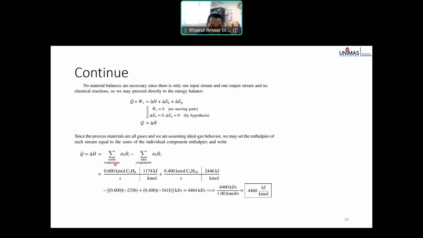For the molar flow rate, that one is from the question, based on 1 kilomole per second, or they call it the basis of reference. Then we calculate and get 4460 kilojoule per kilomole of heat.